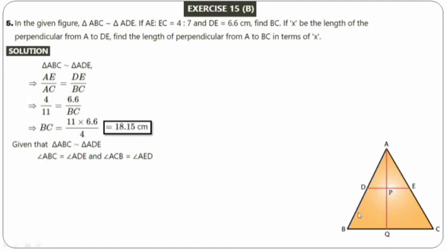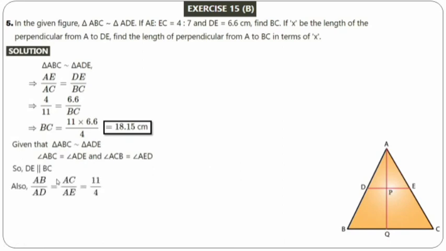This means that DE is parallel to BC, because these angles will be equal only if DE is parallel to BC.